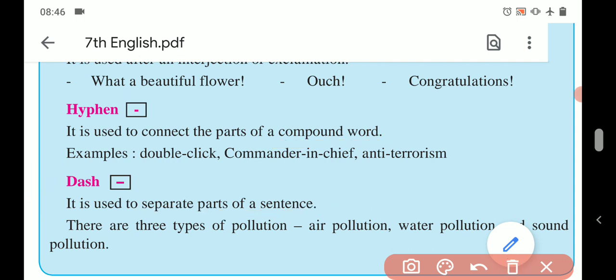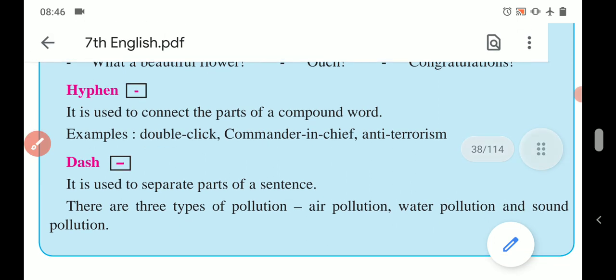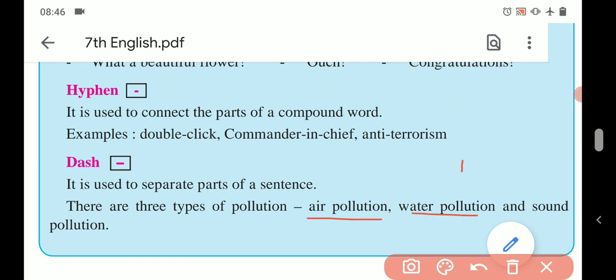Let us see the given example. There are three types of pollution. Which are those three types? Air pollution, water pollution, and sound pollution.